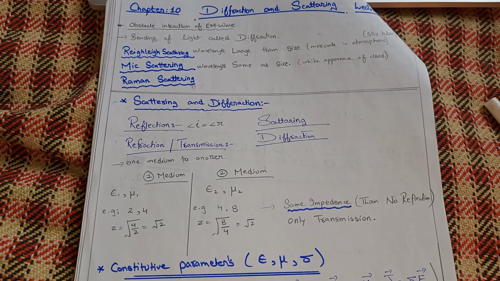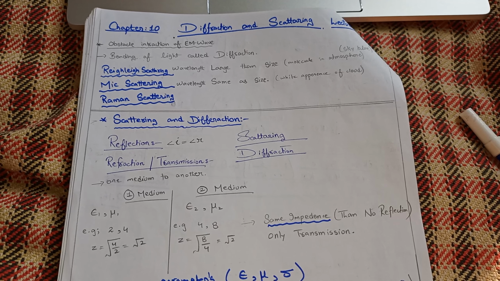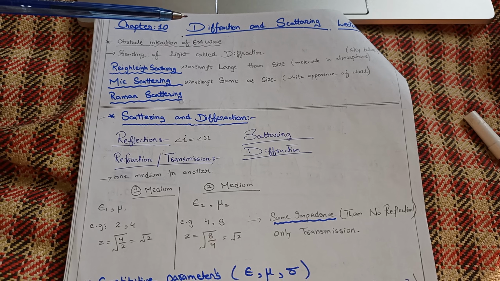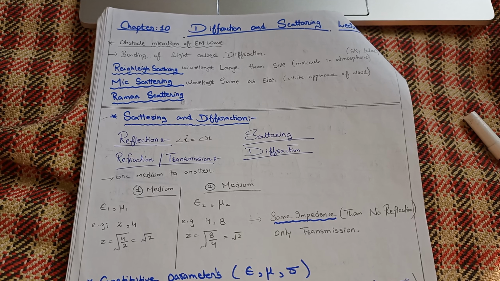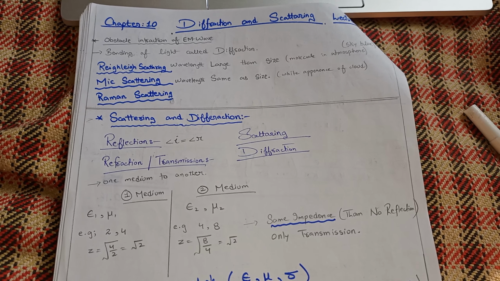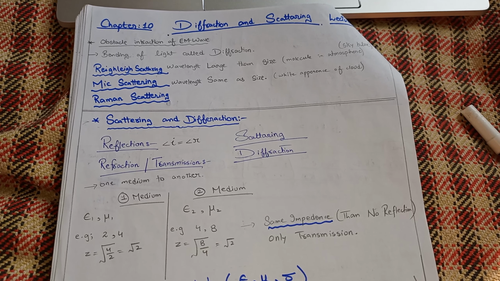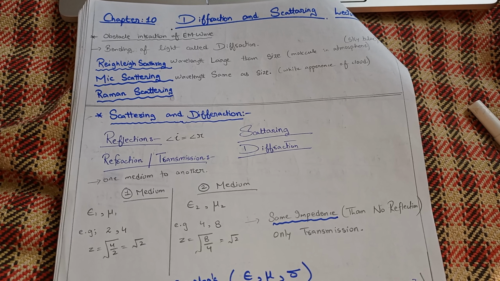You know that there are two types of things. An electromagnetic wave has to come and strike some obstacle. So if your electromagnetic wave, which is a light wave, strikes some obstacle, definitely your light will bend.